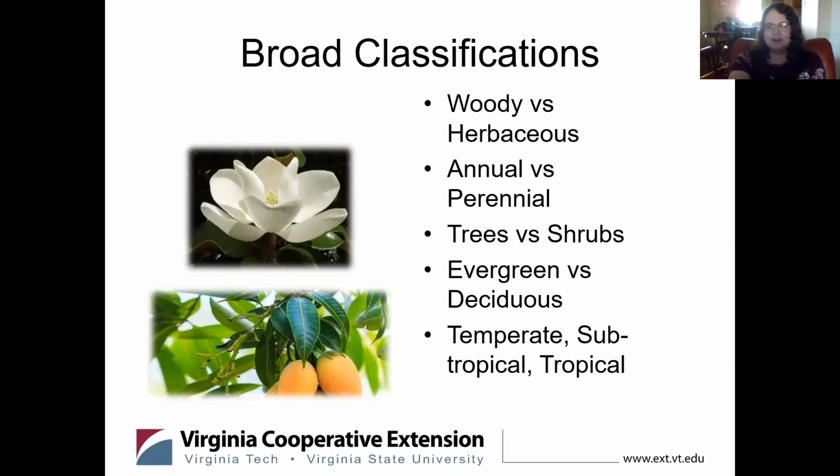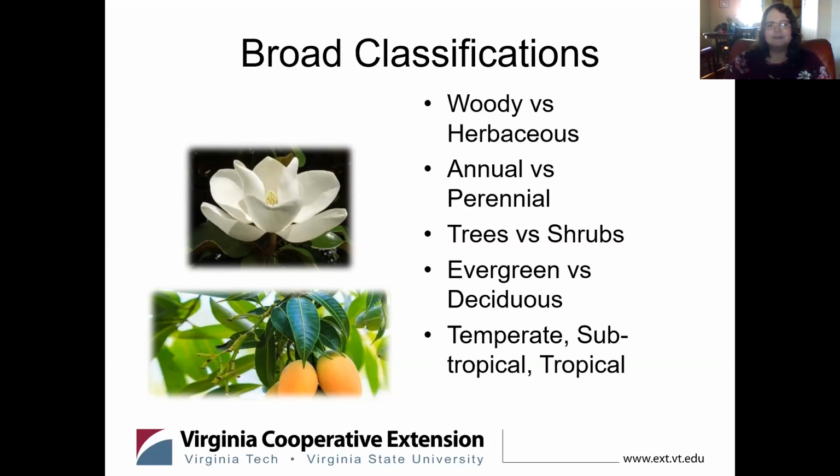And then evergreen versus deciduous is always a very interesting term too. So we have two evergreens actually in my pictures on the left-hand side of the slide. The top picture is a southern magnolia, and that is Magnolia grandiflora. That is native to the East Coast from probably north central Florida to southern Virginia.